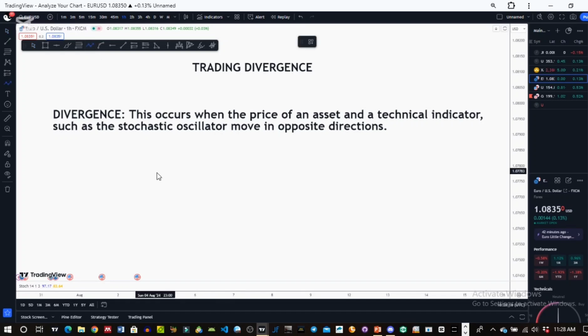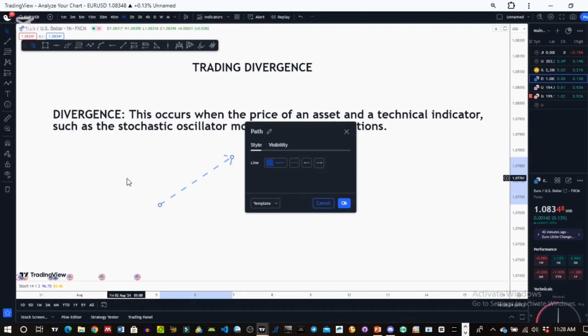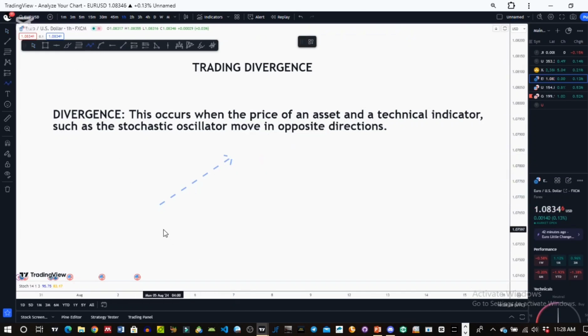So if you have the price of an asset moving in one direction and the indicator of choice moving in another direction, we call this divergence. All right.